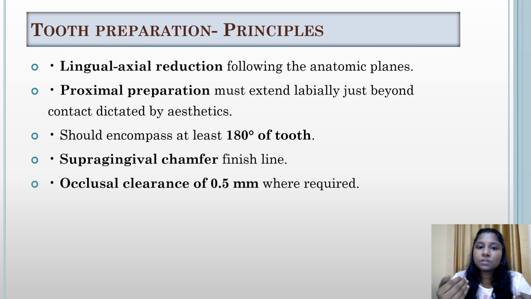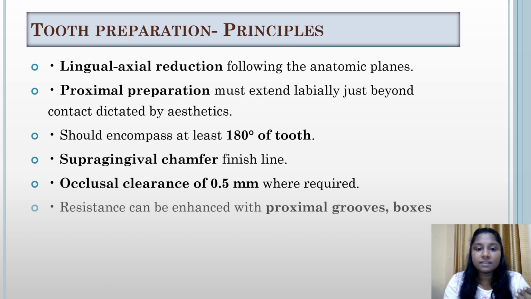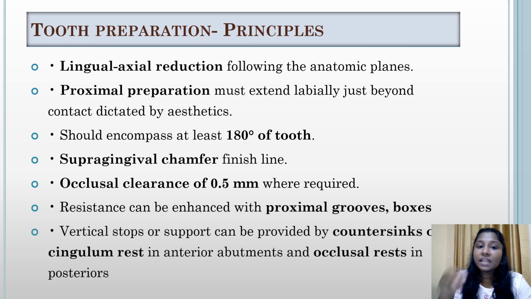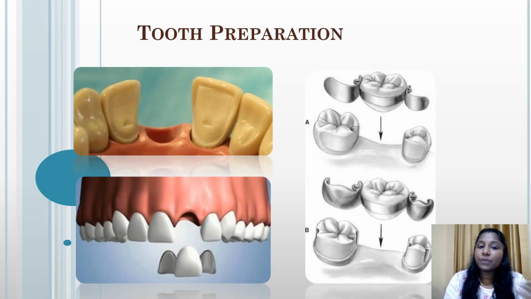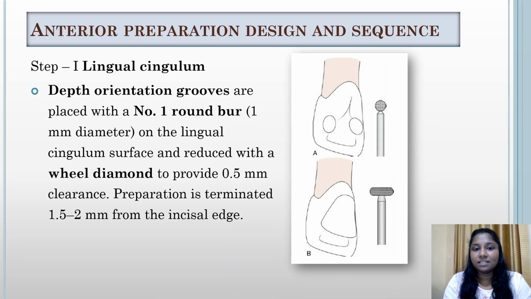An occlusal clearance of at least 0.5 mm is required. Resistance can be developed through proximal grooves and boxes, and vertical stops have to be provided. In the anterior teeth, this is through countersinks, and in the posterior teeth, it's through occlusal rests. So the preparation principles are different for anterior teeth and posterior teeth.